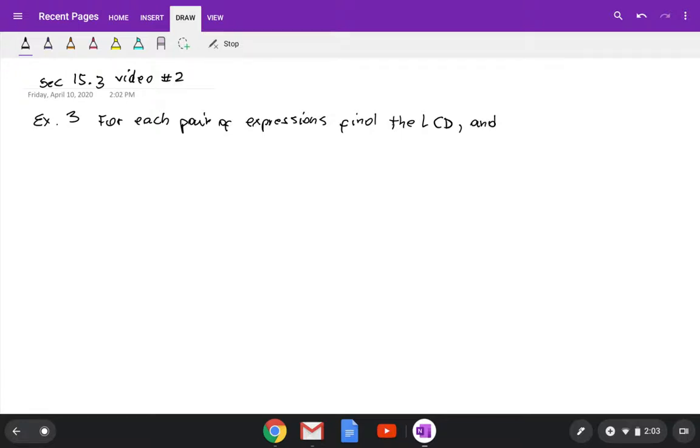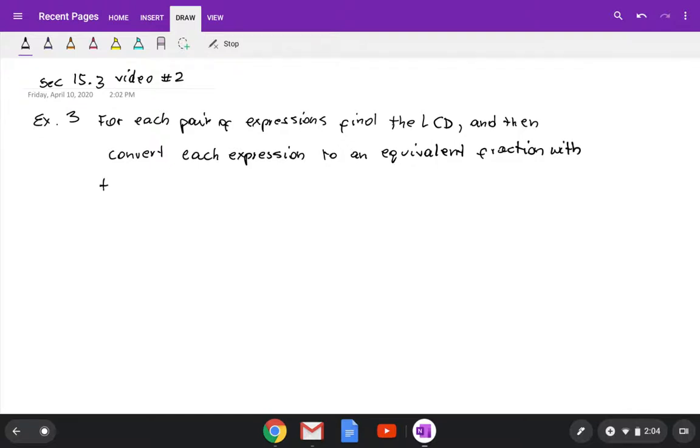And when we find the least common denominator, then convert each expression to an equivalent fraction with the denominator equal to the LCD.